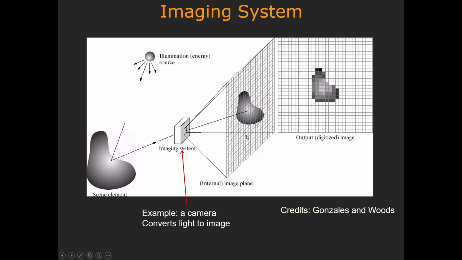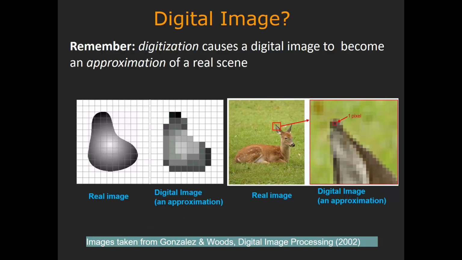As the sensor consists of pixels, images are in a digitized format, which is a close approximation of the original object. So this one is a real image, and this one is the image formed by the camera. As there are pixels, this image is a close approximation of the real image.